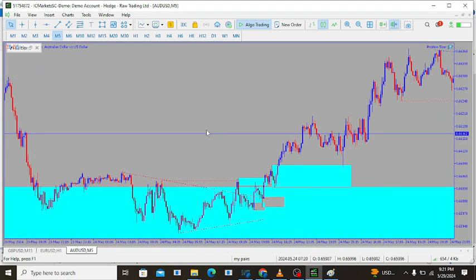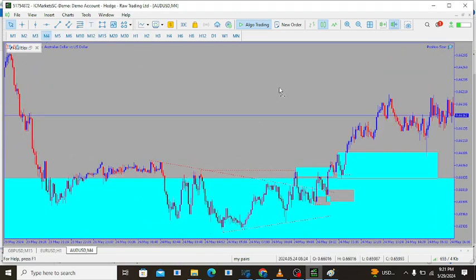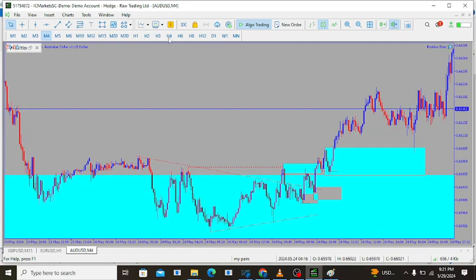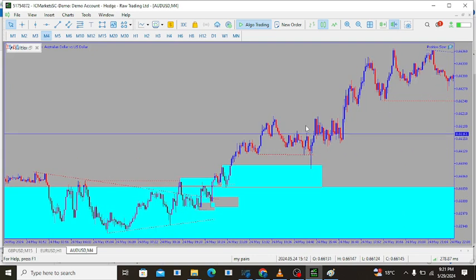Also, I got my entry. I could consider this a high probability setup because it's in line with my higher time frame. You see, this entry I was talking about a sweep, and this is my higher probability.